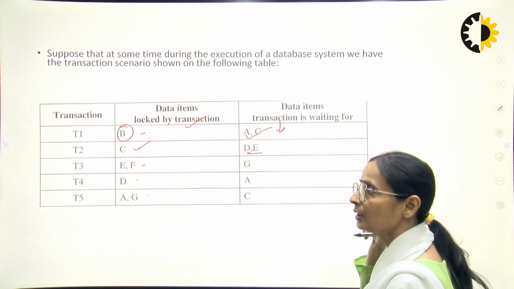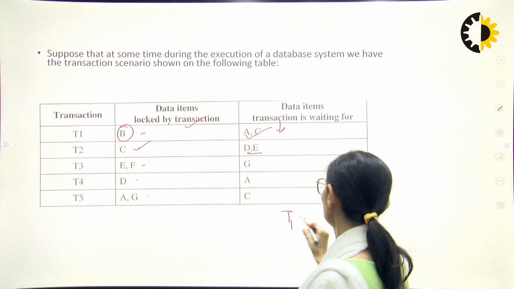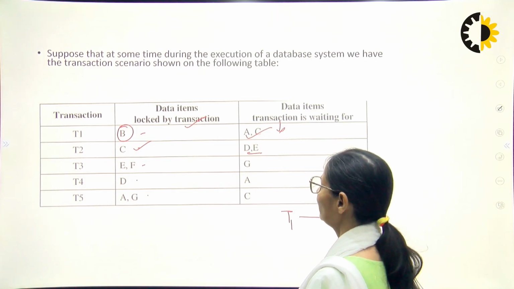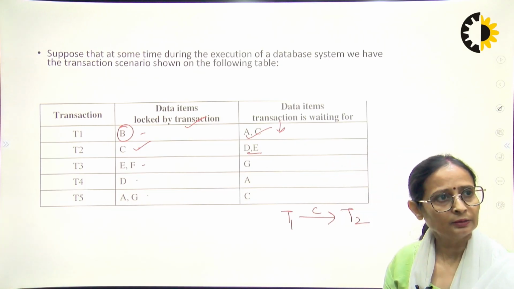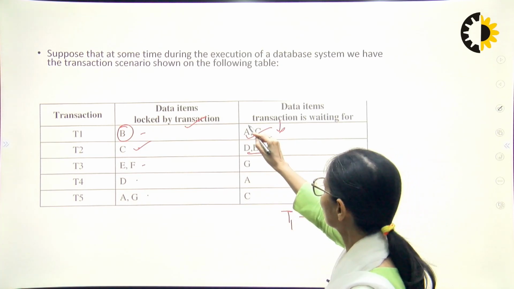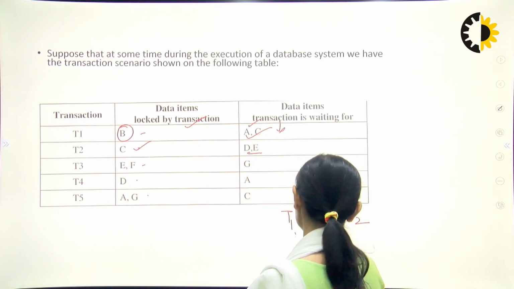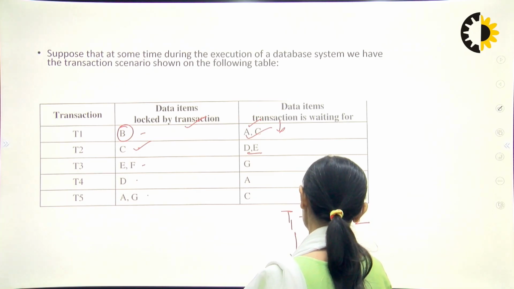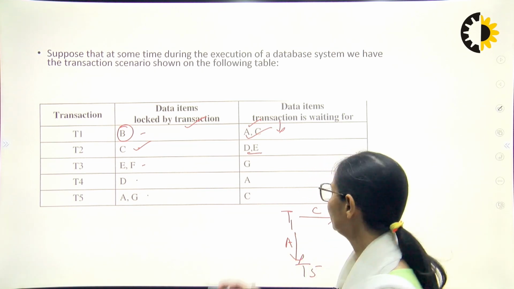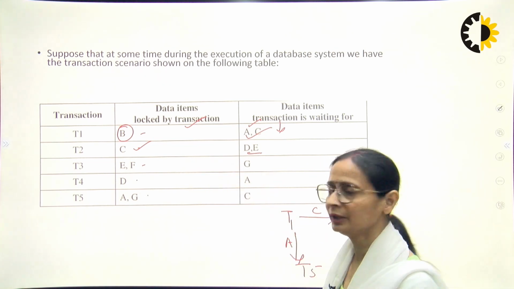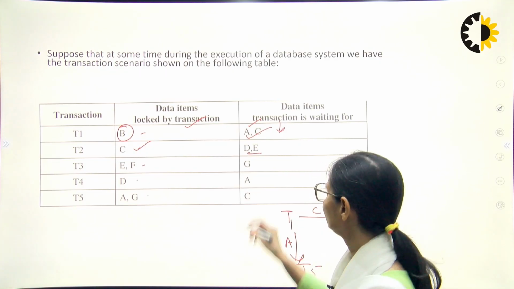If you look here, what is happening? T1 is waiting for T2 on the data item C. Clear? Similarly, it is waiting for A. Who has got A? T5. So T1 is waiting for T5 on the data item A. Now T2 has got C, but it is waiting for D and E. Now look here, who has got D and E?